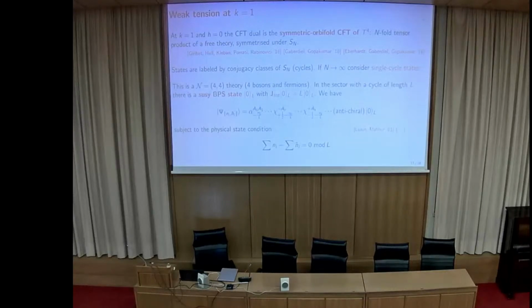So single cycle means you have your bosons, your fermions, you have a cycle of length L, and under these, basically, you just have Z_L. Right? You have L copies of your CFT, and the boundary conditions such that from the first copy you go to the second, from the second to the third, and from the L to the first.